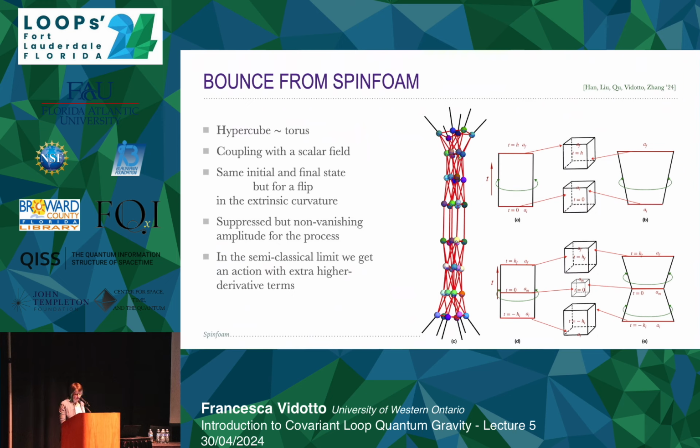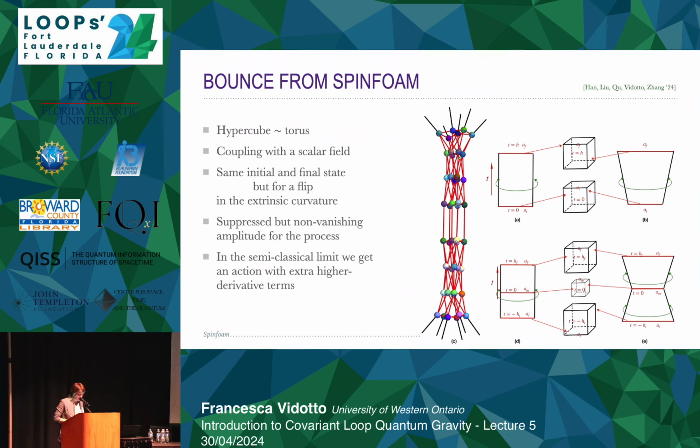So this is a very recent result. In fact, it is mostly the work by Dongxue Ku, who figured out how to describe a bouncing universe. In this case, we are not taking a three-sphere, we are taking the geometry of a torus that we are triangulating as a hypercube.